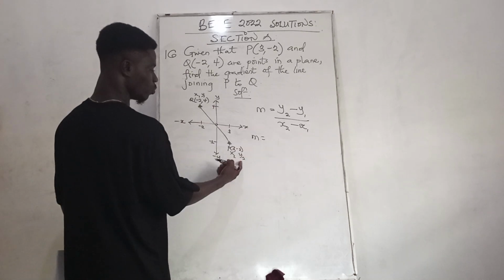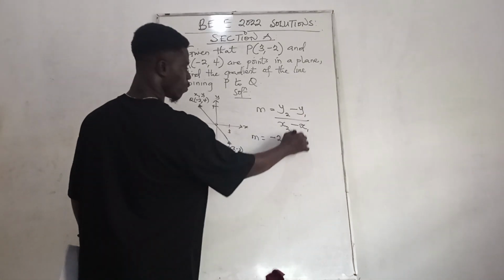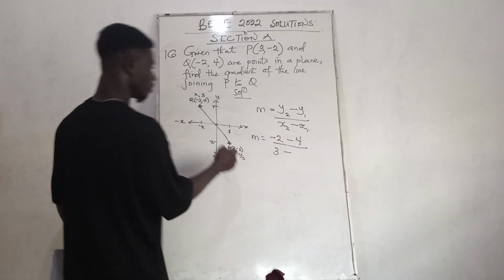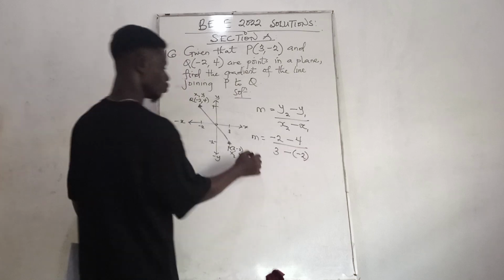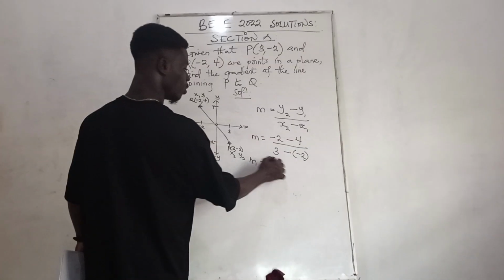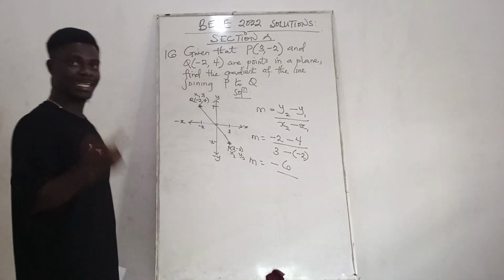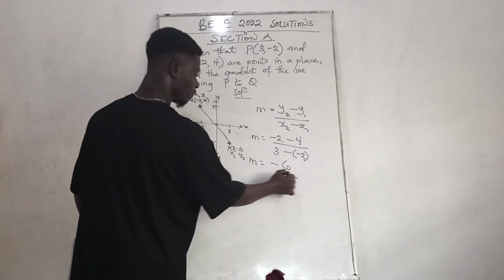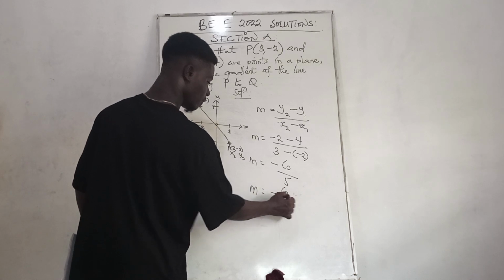So my y2, which is negative 2, minus my y1, which is 4, all over my x2, which is 3, minus my x1, which is negative 2. So I have m equal to negative 2 plus negative 4, which is negative 6, all over 3 plus 2, because negative times negative is positive. So 3 plus 2 is 5. So I have m equal to negative 6 over 5.